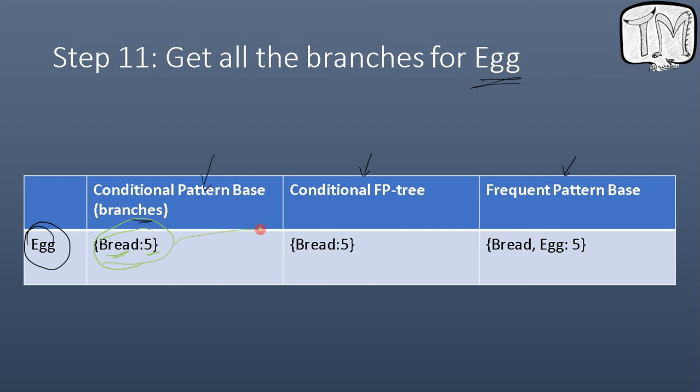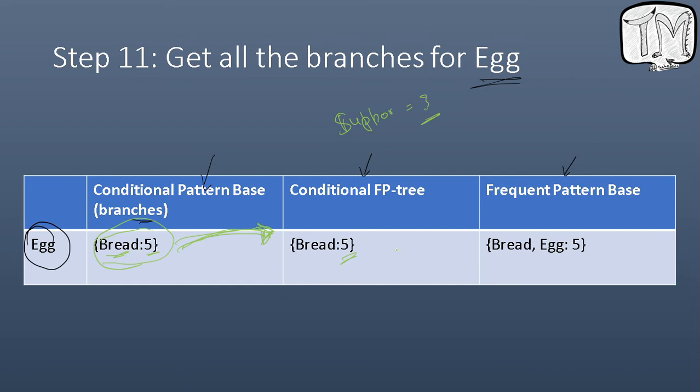Next, we have just copied it here. The reason, you will see in the next example, is what we do to reach this step. But for now, just think that we have copied that. Since our support is 3, when we are copying the items from here to here, we should make sure that the minimum support threshold, which is 3, is met, and definitely 5 is greater than 3, so it matches.